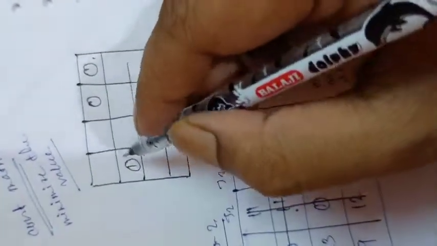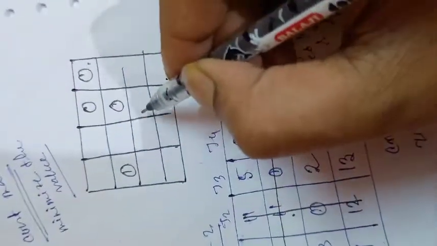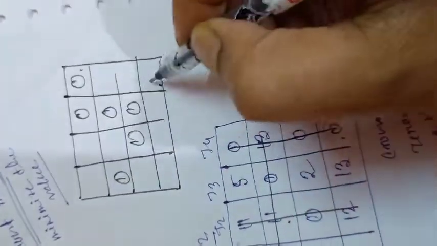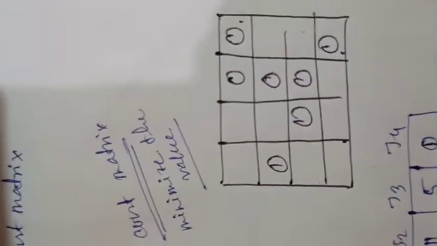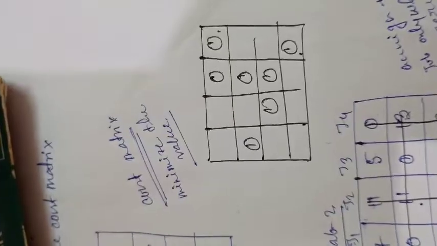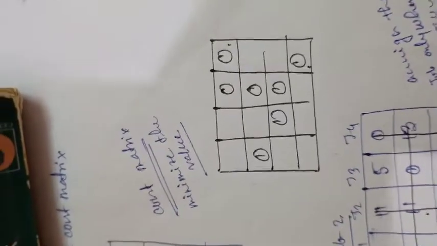Zero, 0, 0, here also 0, here also 0. So now whenever we try to assign the job to each of the people, what do we have to keep in mind?